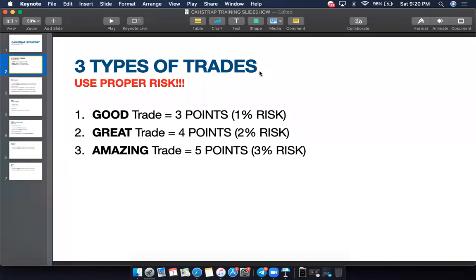We're not in this to make $1 million tomorrow. We want to be diligent, compound our money, and grow our accounts responsibly. If you get an amazing trade, 5 points, you can risk 3%.